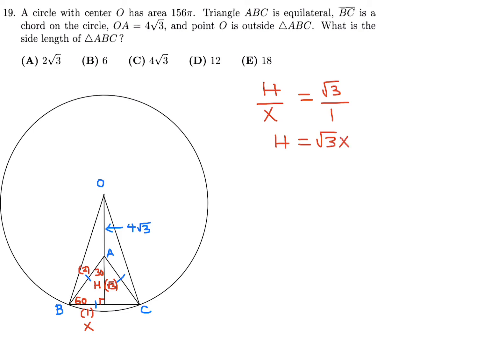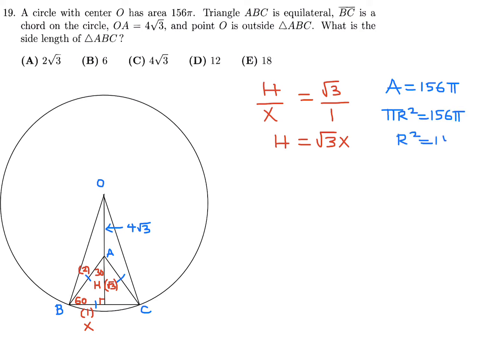All right, so now let's take into consideration this piece of information that they gave me, that the area of that circle is 156 pi. So area is 156 pi, so that means pi r squared is 156 pi.